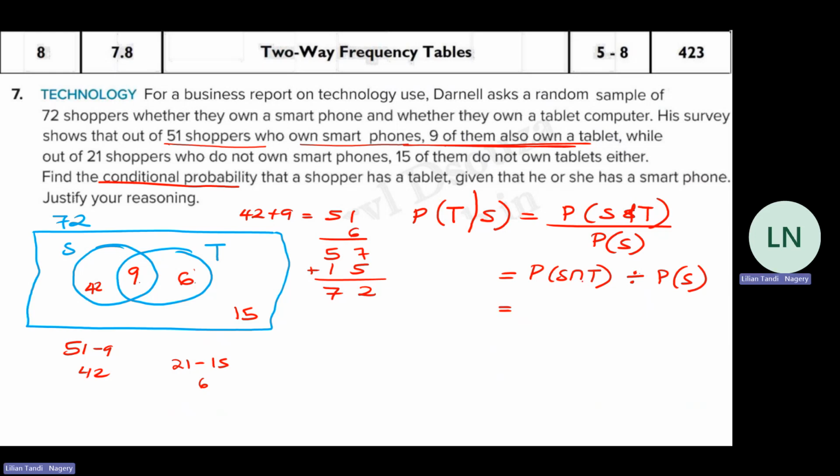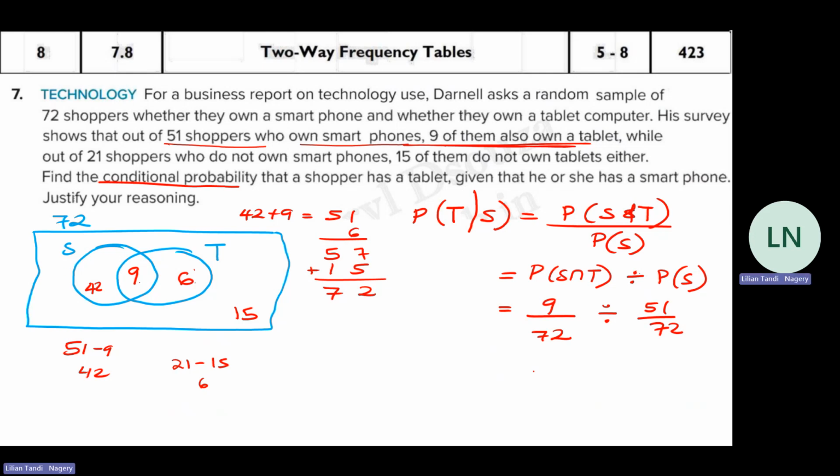Probability of smartphone and tablet is 9 out of 72 out of the total. Divide by probability of smartphone, which should be 51 out of 72, because I want the whole circle for smartphone.